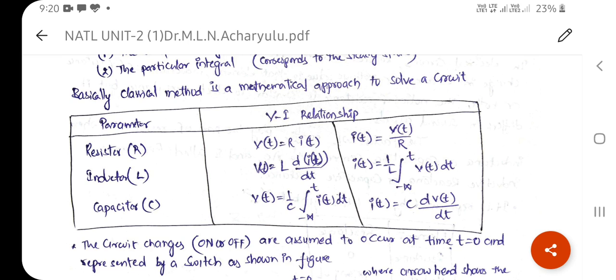Before that, the relation of the inductor and capacitor with voltage and current.